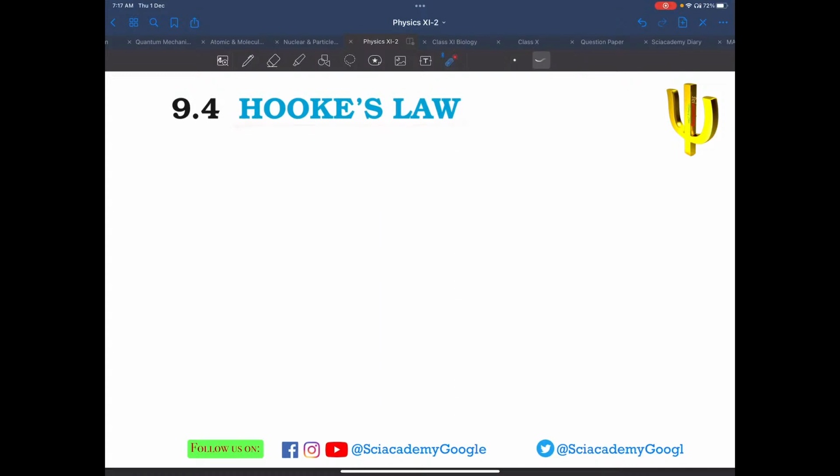Hooke's law is very important, and you must remember that this is an empirical law. Empirical law means there is no theory derived for this law. This law is purely based on experiment and observation.